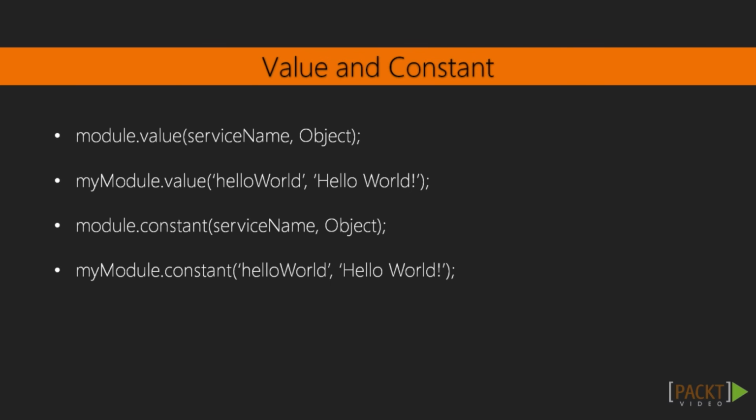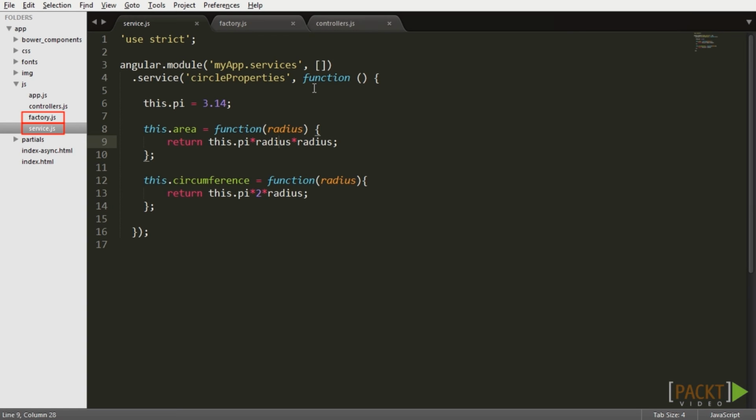Then we have 2 more service recipes. They're called service and factory. Yes, it's admittedly confusing to have a service type named service, but it's not that hard to understand. Let's take a look at this very simple example of a service called circleProperties that is made to calculate the properties of a circle based on its radius.